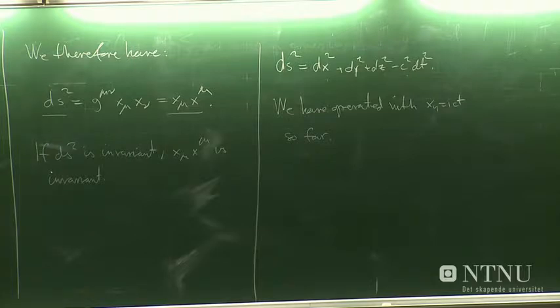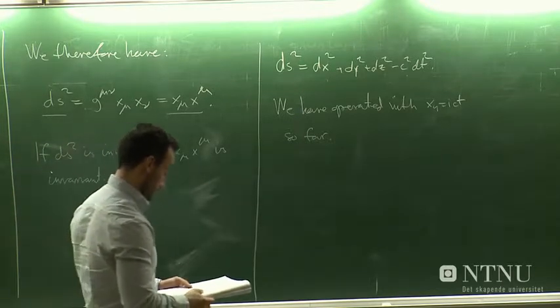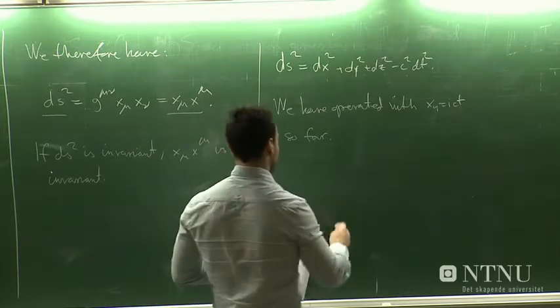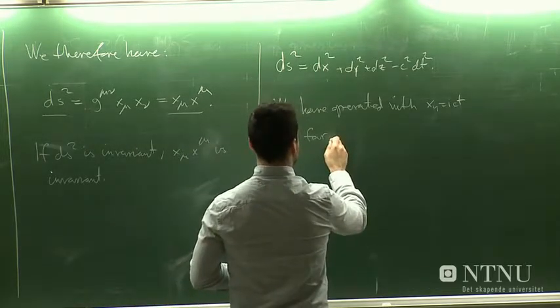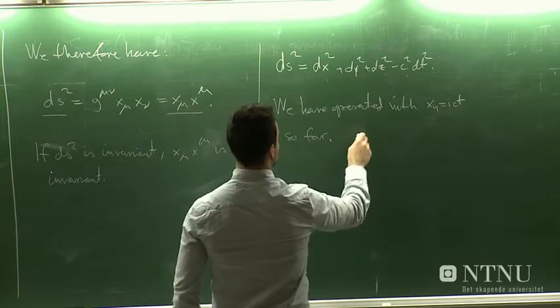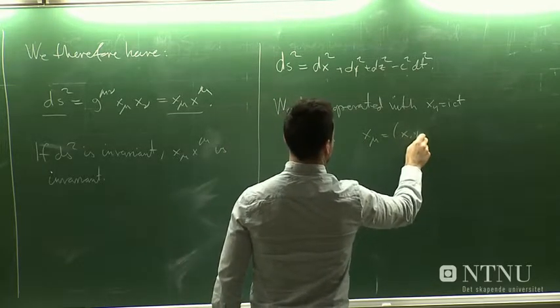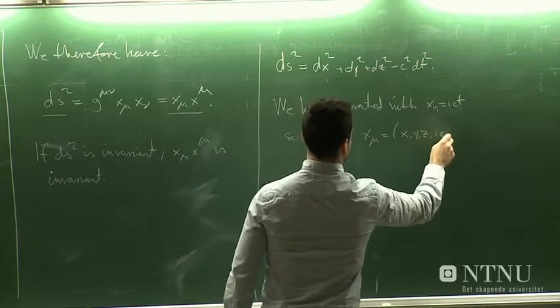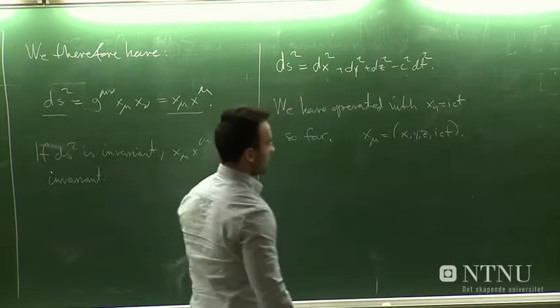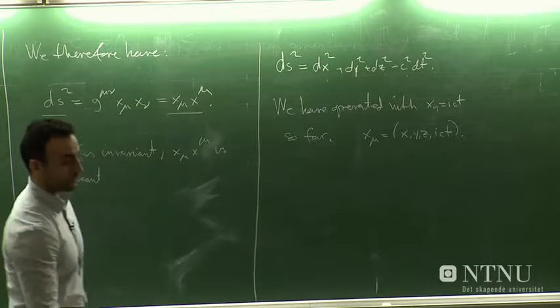So we have operated with the fourth coordinate being ict so far. So we have the following 4 vector.